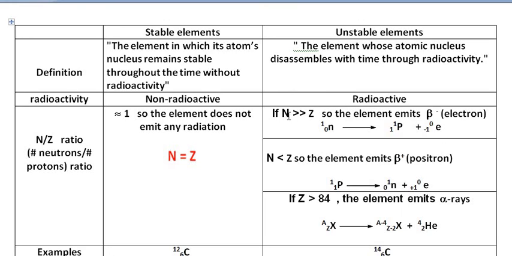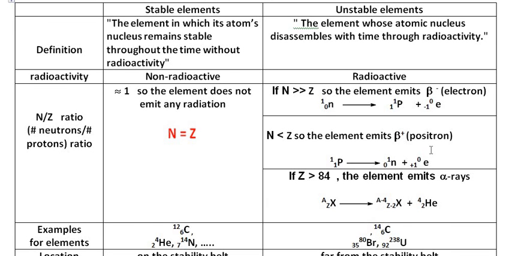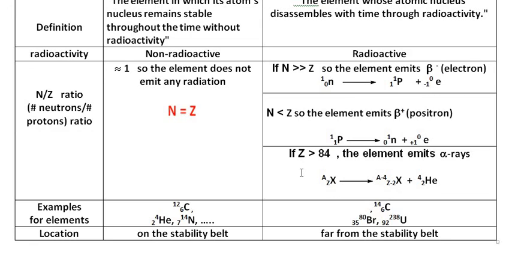If the number of neutrons is greater than the number of protons, a neutron is converted into a proton and an electron, and negative beta emission occurs. If the number of neutrons is less than the number of protons, a proton is converted into a neutron and a positively charged electron, which is called a positron. So positive beta emission occurs.